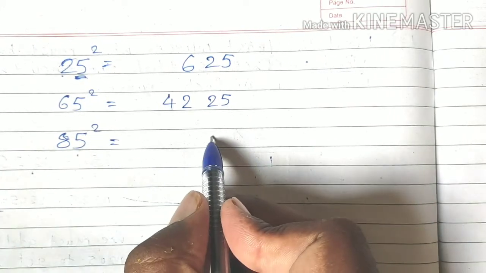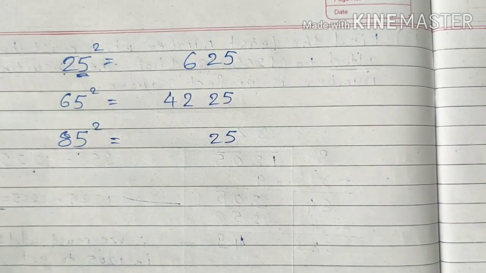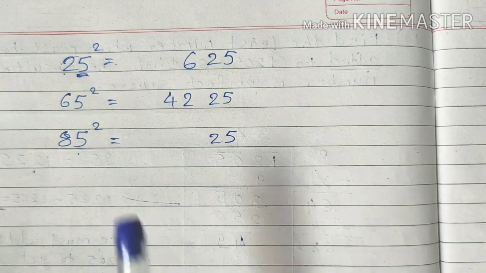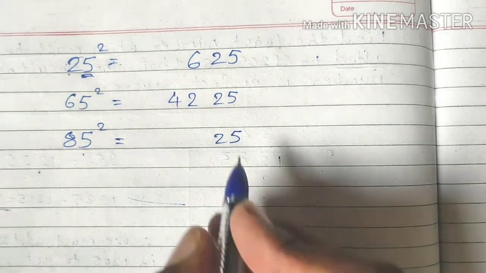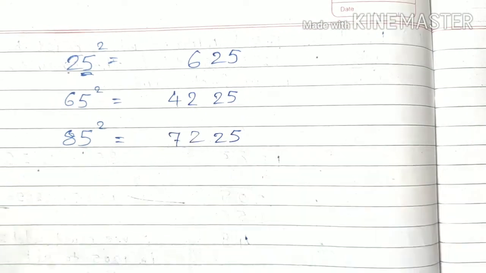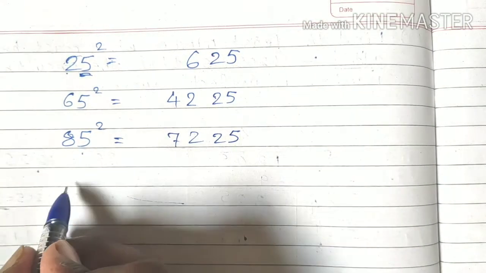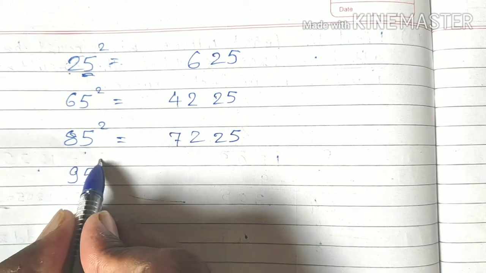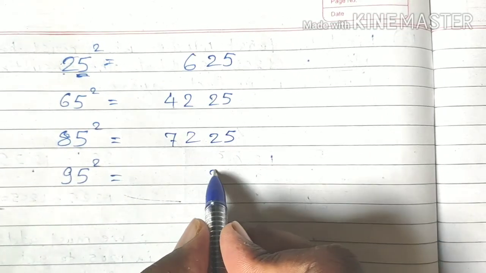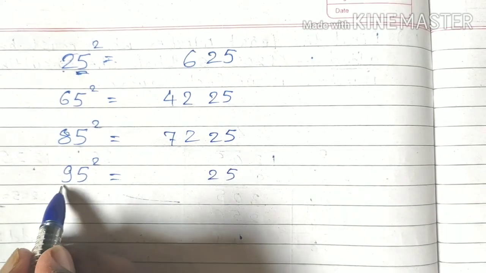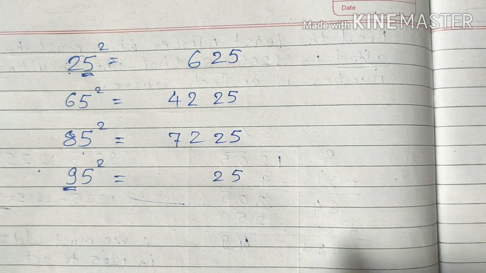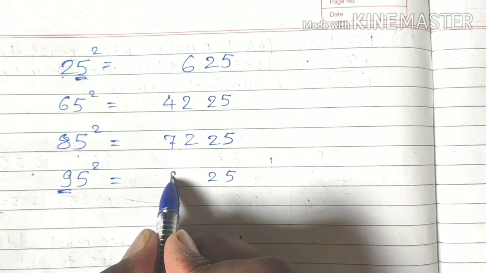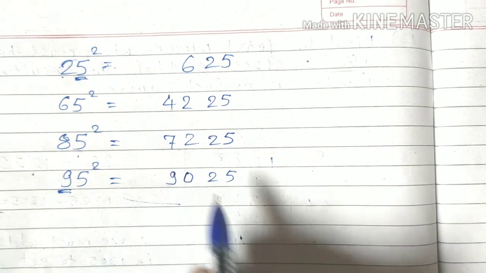Since the unit place is 5, write 25 here. Okay, 8, the next number after 8 is 9. 8 nines are how much? 8 nines are 72. So this is the answer. If we want to find the square of 95, then 25 is here. The next number after 9 is 10. 9 into 10 is 90.